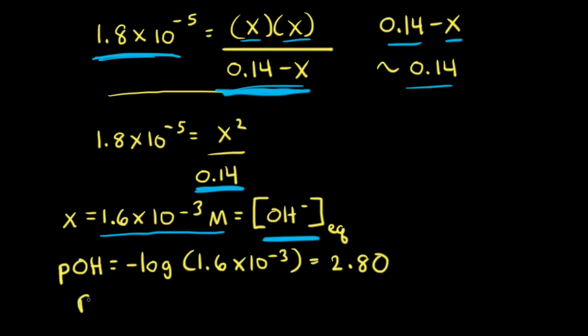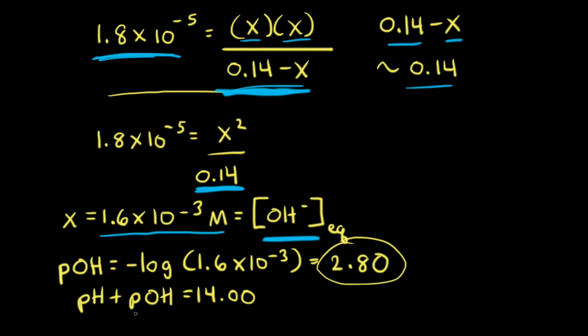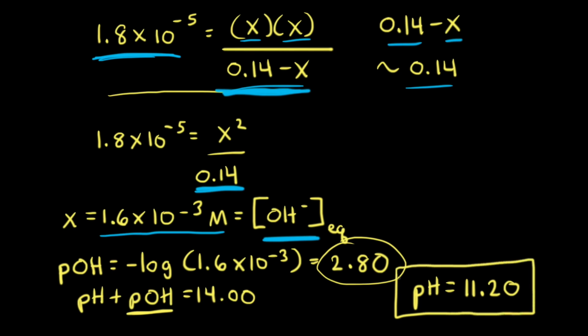And at 25 degrees Celsius, the pH plus the pOH is equal to 14.00. So we could plug in the pOH into our equation and solve for the pH, and we would find the pH of our solution is equal to 11.20. And this makes sense because we have a basic solution, so the pH should be greater than 7.